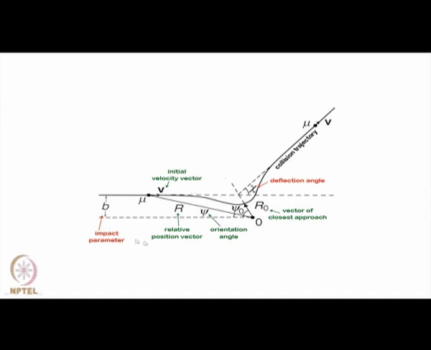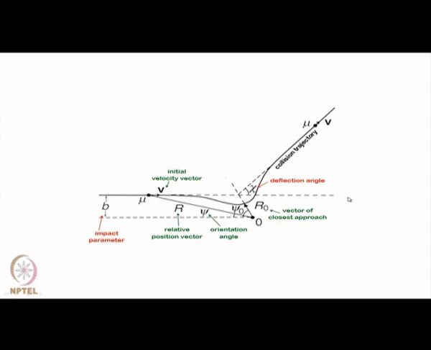B is the impact parameter, and this is the deflection angle, the angle made by the initial vector and the final vector. So this is the amount of deflection that has happened. If there were no collision, the particles would have followed this dotted line.